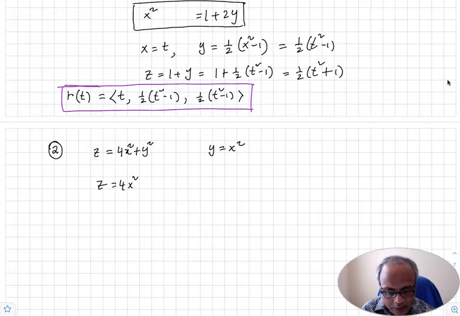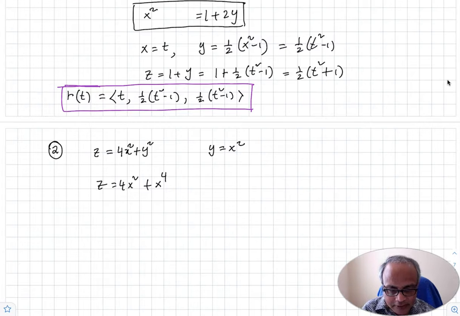I can see that on the right side y equals x square. So I can bring it here. So I get x to the power 4, which was not needed, but then that helps now.